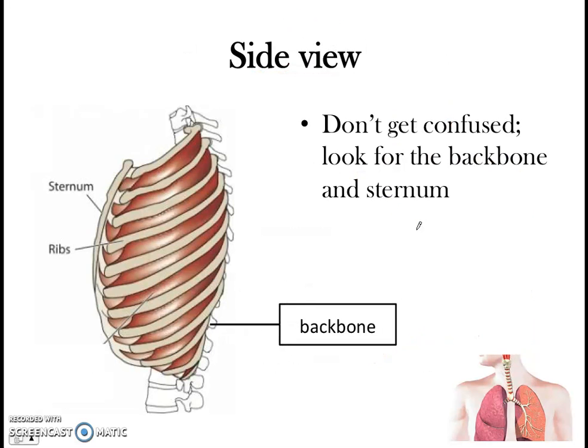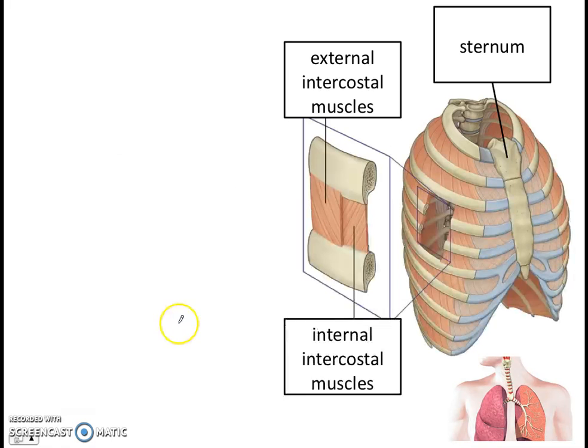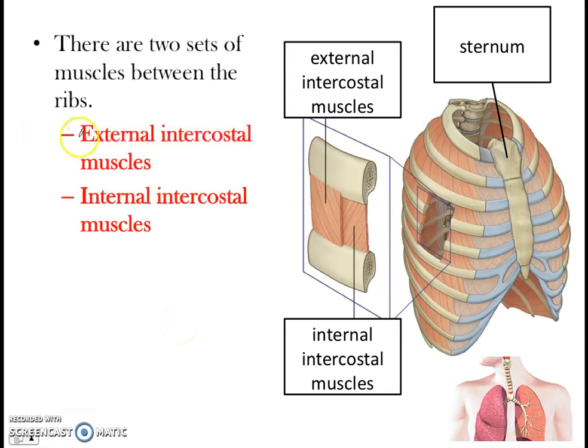Now some diagrams show the bones of the chest cavity in the side view. Okay, so don't get confused. Always look for the backbone and the sternum. So in this case, here's the backbone, right? Very obvious backbone. And the sternum's in front, and here are the ribs in between. Now, rather importantly, there are two sets of muscles between your ribs, right?